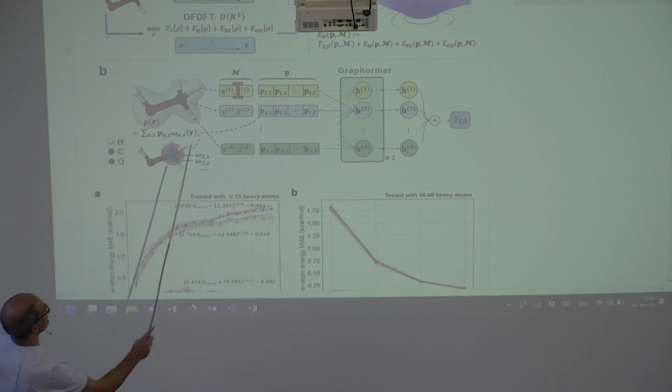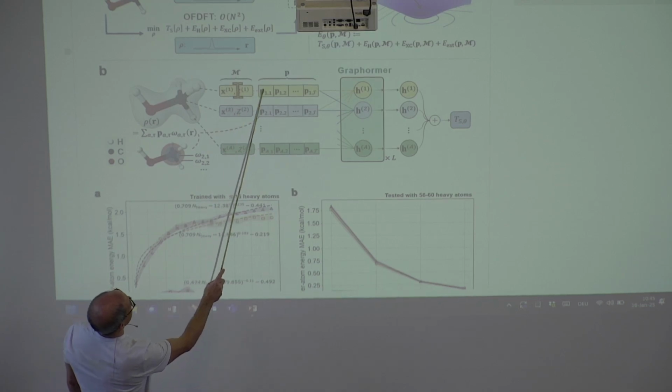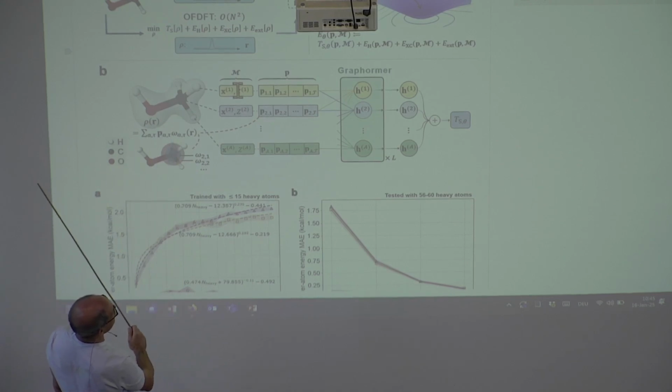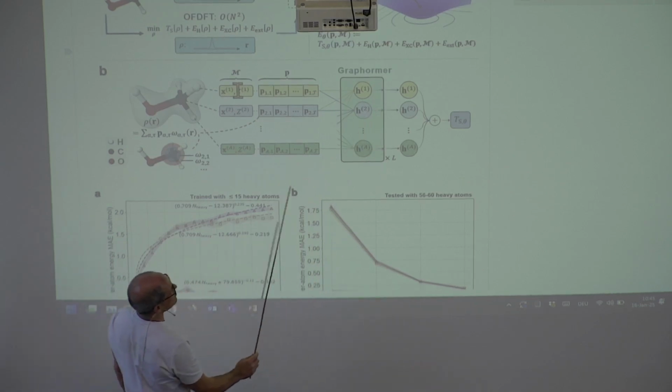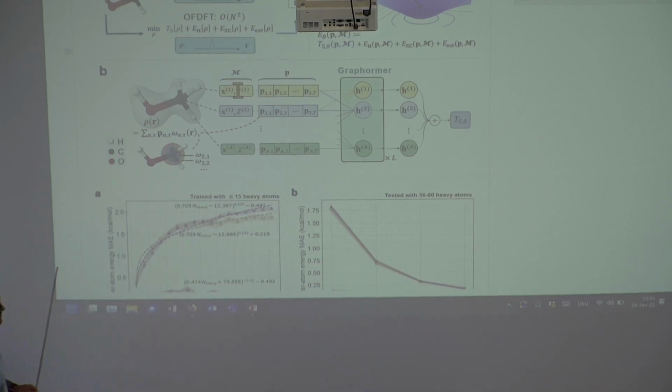Each atom is represented by its position, by the charge of its nucleus, and then by coefficients that represent the density or the contribution of that atom to the overall density. Which architecture exactly is used doesn't matter so much, and out comes an estimate for the kinetic energy.